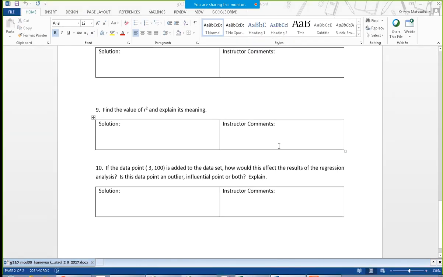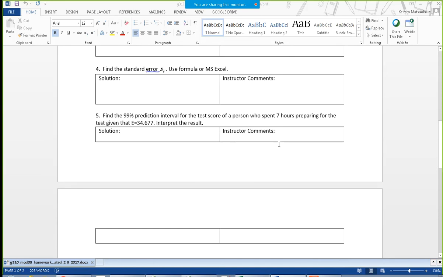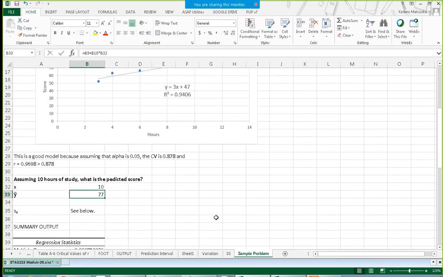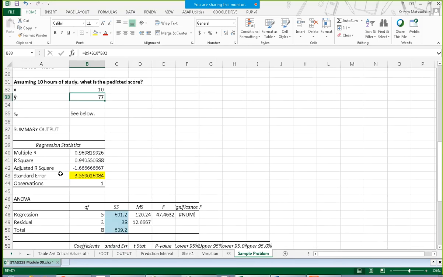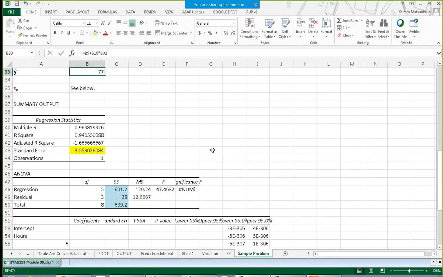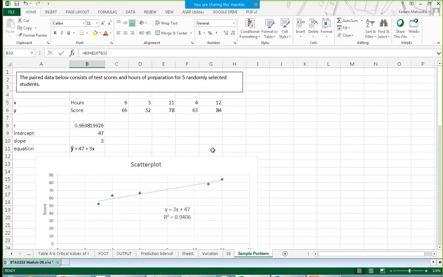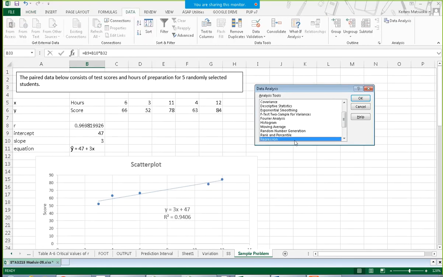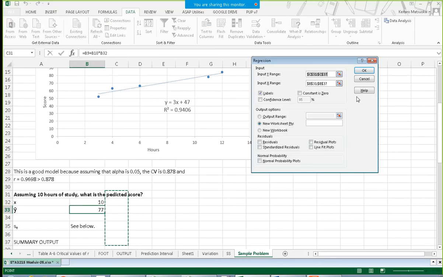The assignment asks for SOV, so let's figure that out. Okay, by reproducing this table right here. So again, data analysis, regression. Okay, what's the Y range?